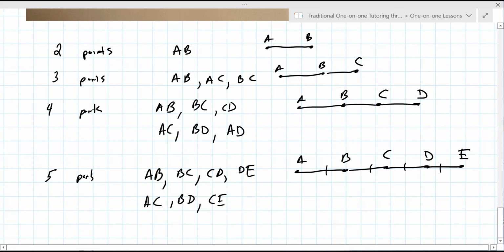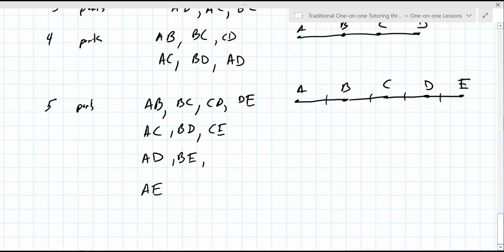So length 3 would be like A all the way to D, and B all the way to E. And then the last one of length 4 is A to E. And then we just simply count. 1 plus 2 plus 3 plus 4.